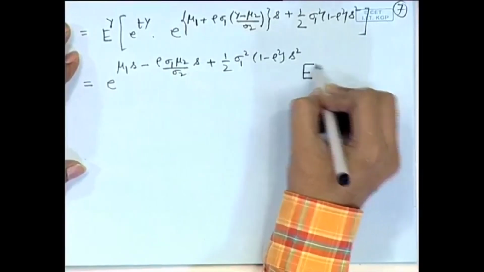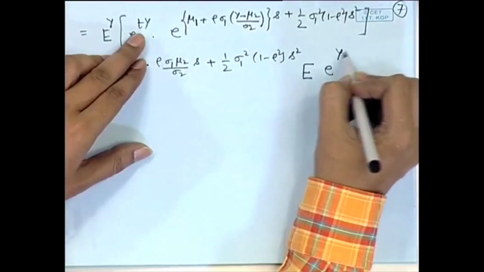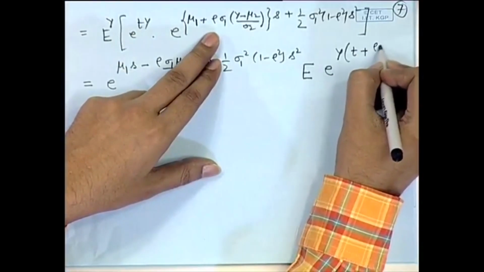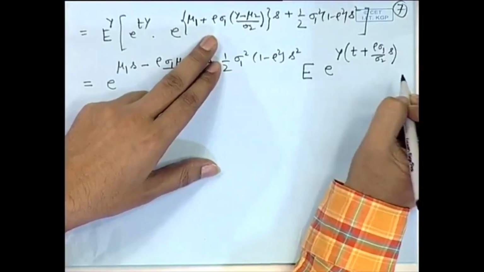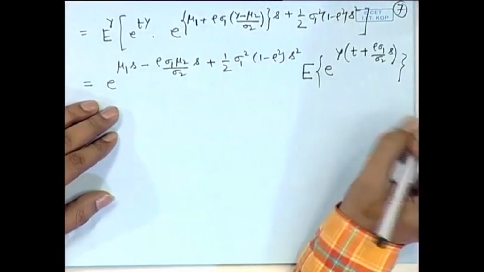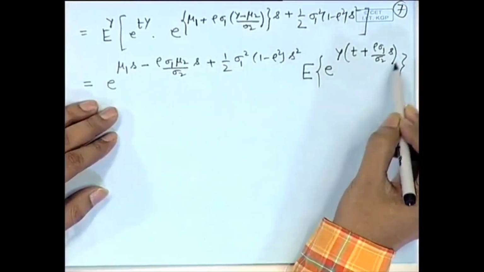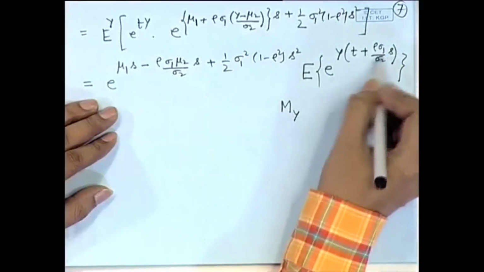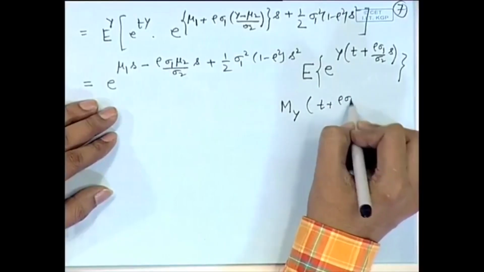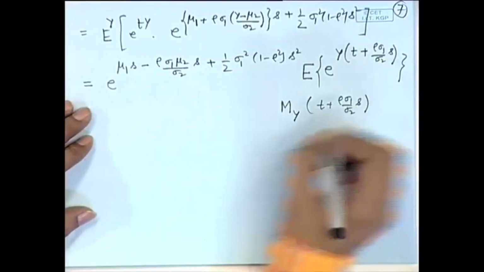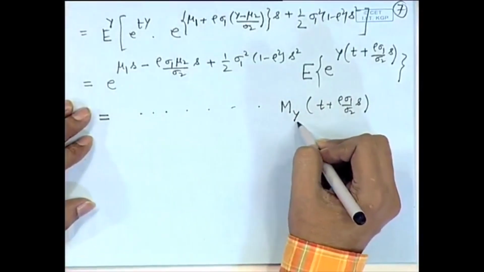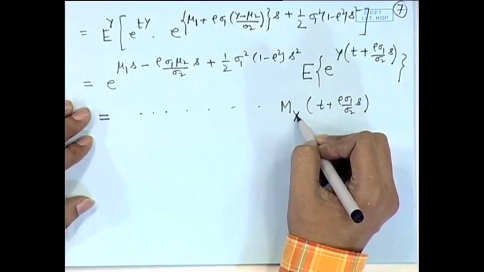We have the expectation of e to the power Y times (t plus rho sigma 1 by sigma 2 s). So, we notice here that this is nothing but the moment generating function of Y at the point t plus rho sigma 1 by sigma 2 s. Notice that the distribution of Y is again univariate normal with parameters mu 2 and sigma 2 square.